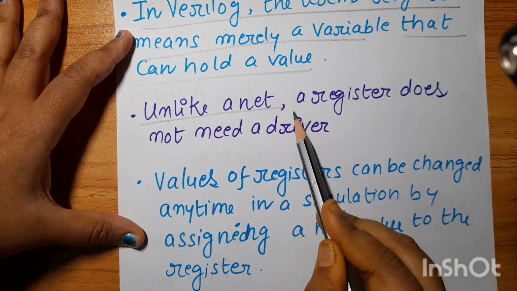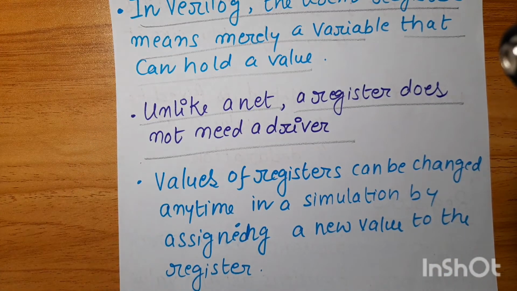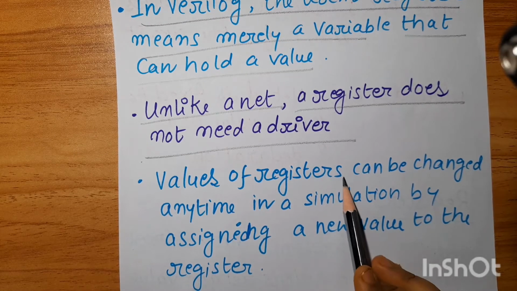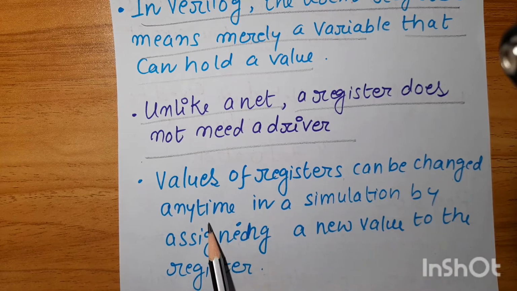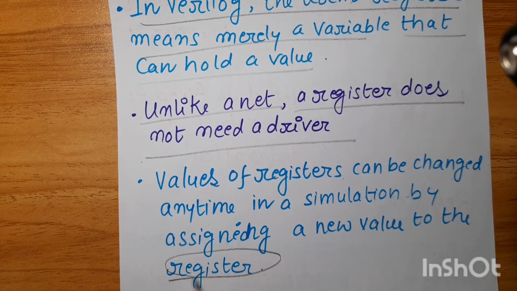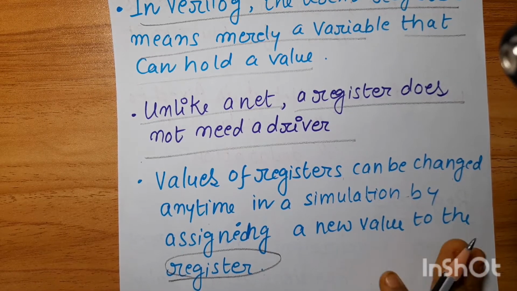Unlike a net, a register does not need a driver. A net needs a driver, while a register does not. Values of a register can be changed anytime in a simulation by assigning a new value to the register. So a register is a type of variable, different from the edge-triggered flip-flop register in hardware that we spoke about in digital electronics.